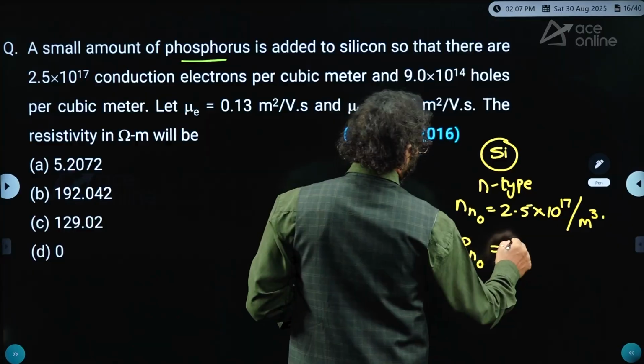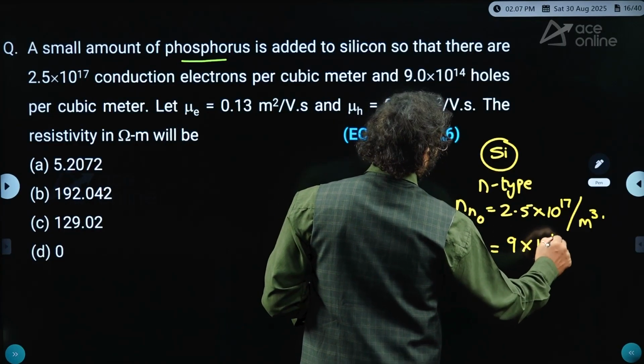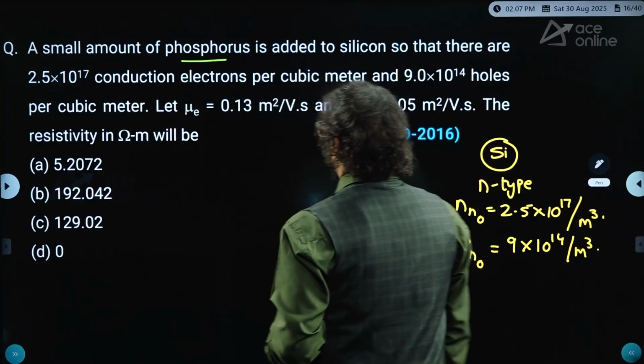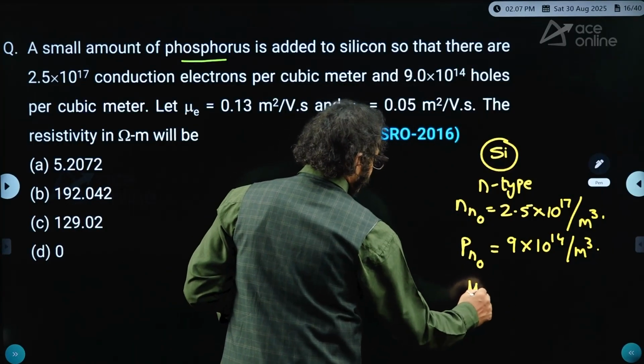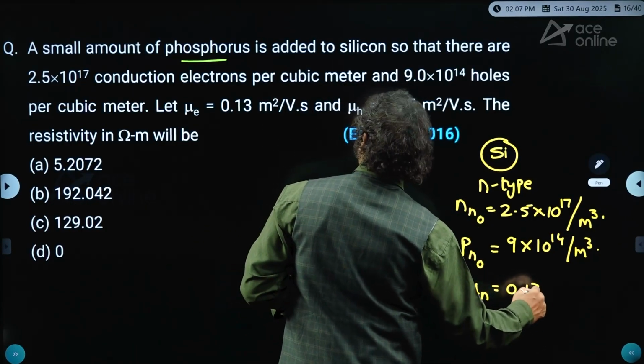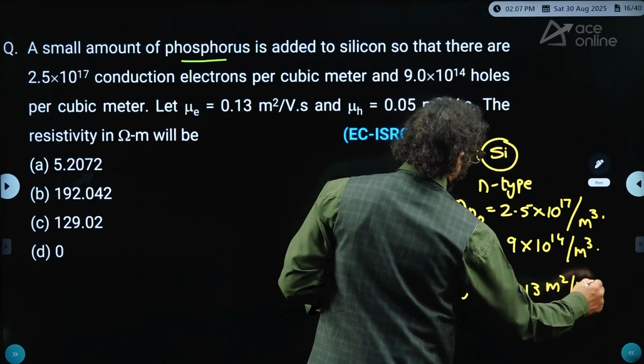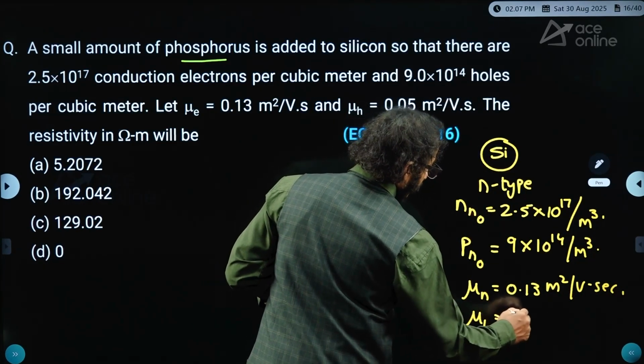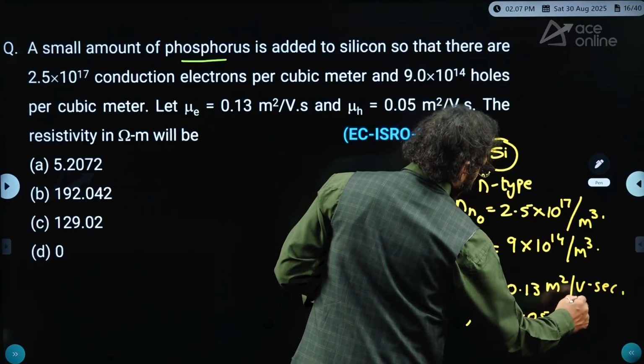So Pn naught is 9 into 10 power 14 per meter cube. Now the mobility of electrons, the examiner has given 0.13 meter square per volt second, and the mobility of holes, 0.05 meter square per volt second.